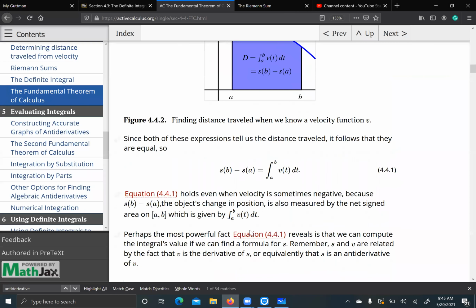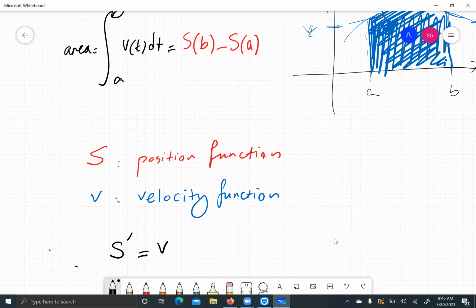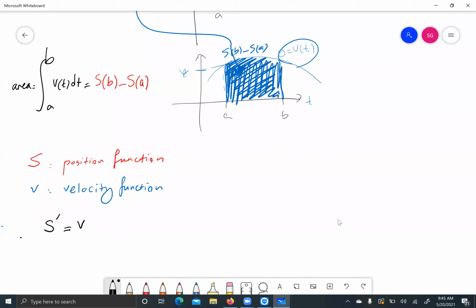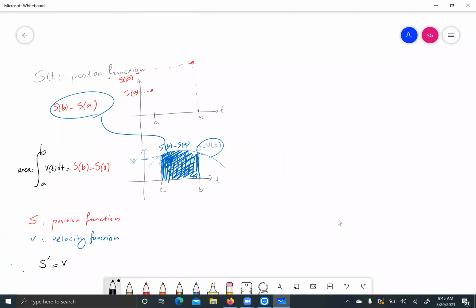So from here we can generalize it and get an observation. If you want to find an integral in general, look at this picture.